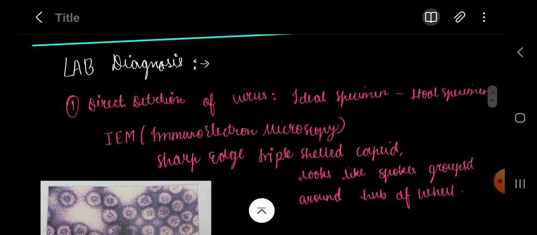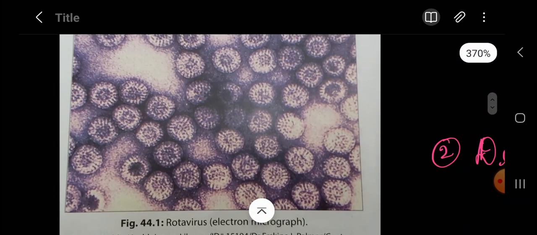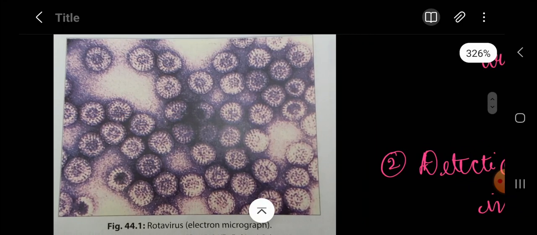Now let us see the lab diagnosis. First, direct detection of the viruses. We take the stool specimen, which is the ideal specimen. By immunoelectron microscopy we can see, as I have shown in the diagram, the rotavirus on electron microscopy.